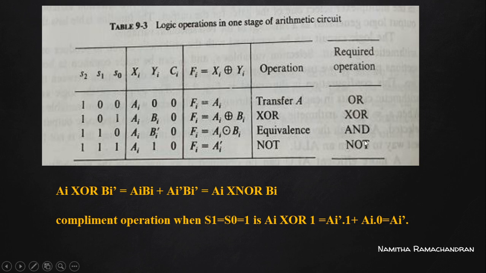Once more, our task is to convert this transfer operation to the logical OR operation and the equivalence or XNOR operation to the logical AND operation by making certain changes over the inputs Xi and Yi of our full adder. Okay, how is it possible?